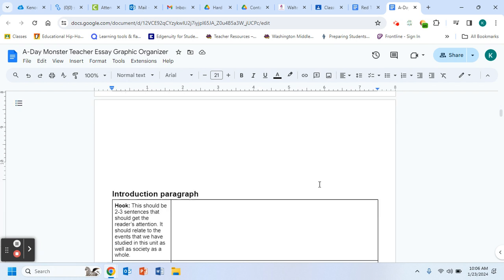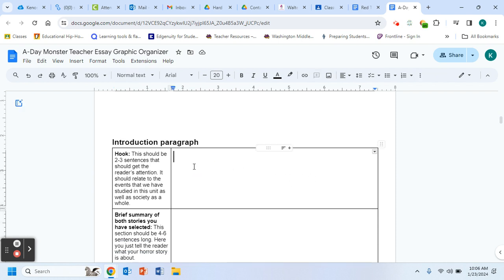So anyway, the hook I'm going to let you use. The hook is just like all the other hooks. So make it smaller so it's not so big.